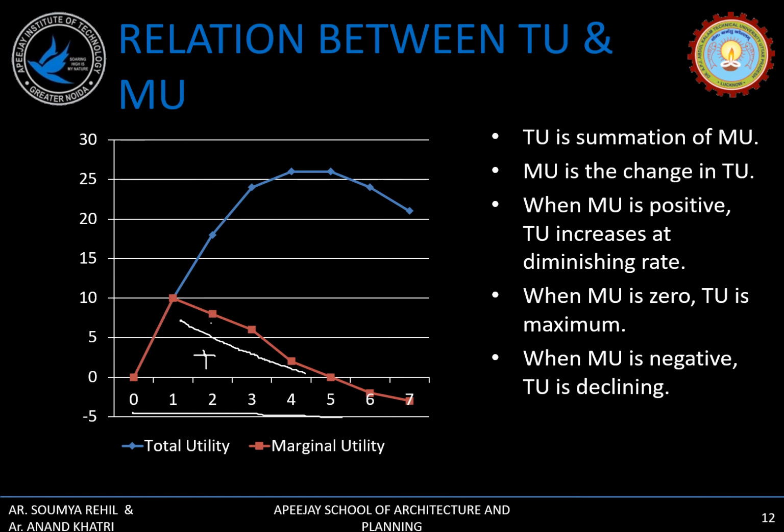And from this point to this point, we have your TU going up at a diminishing rate. When your MU is 0, your TU is maximum. So at this point, when your MU was 0, your TU was max.